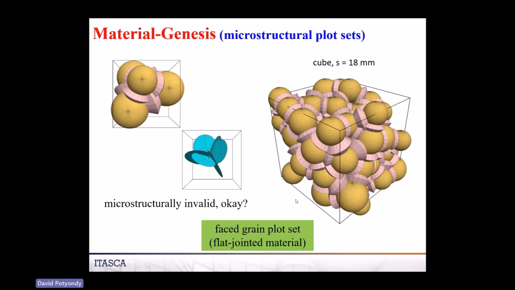One of the things we find when we build these flat jointed materials is, remember when we specify, we have to specify the radius of each one of the flat joints. That's the radius of this thing here. Here we're drawing the radius of each one in its location.